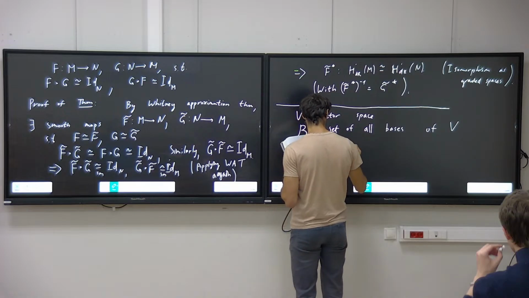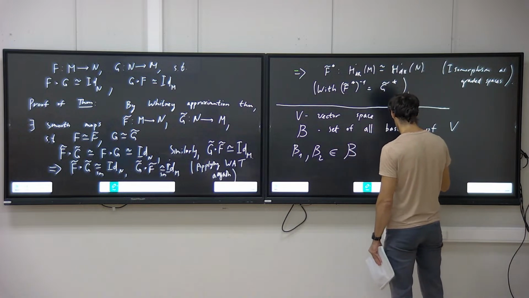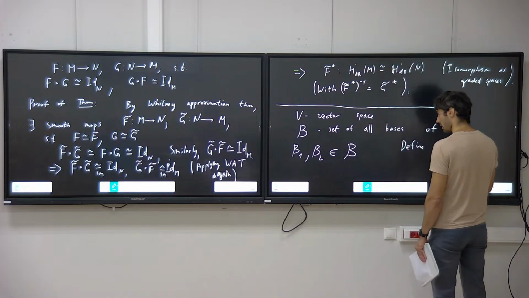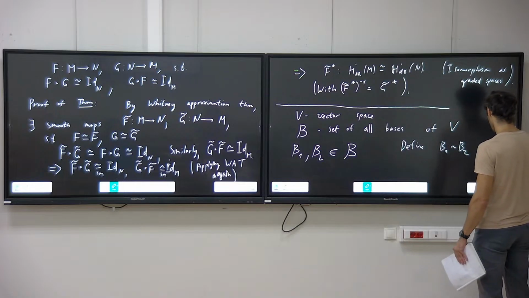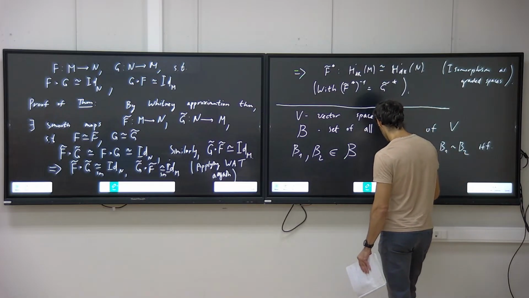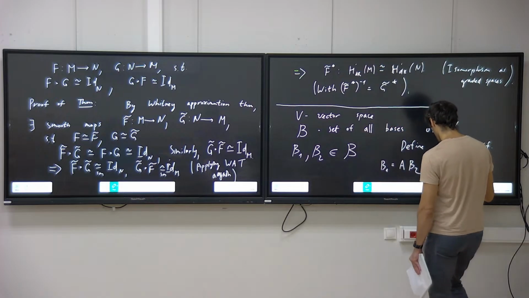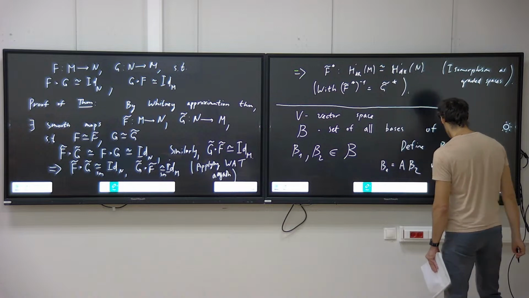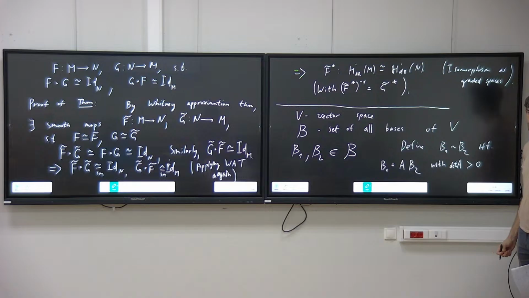So these are elements of B. Then we define that B1 is equivalent to B2 if and only if B1 can be obtained from B2 by some linear transformation such that its determinant of this transformation is greater than 0. Can I give an example? Yes, I can.